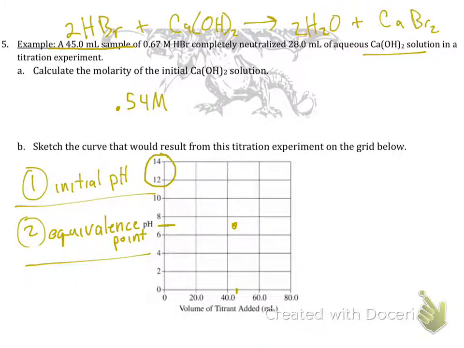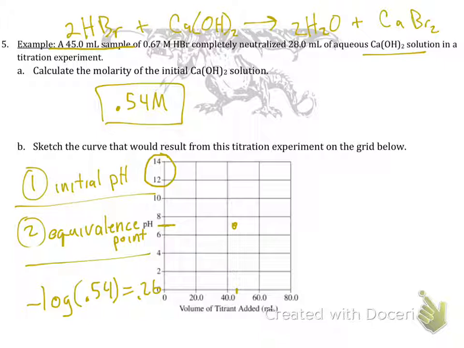So to find the initial pH, we know the molarity of the initial solution, so we can determine it by taking the negative log of the concentration, which gives us 0.26. Now, what I will say is you do not need to graph this perfectly. So the initial pH is 0.26.